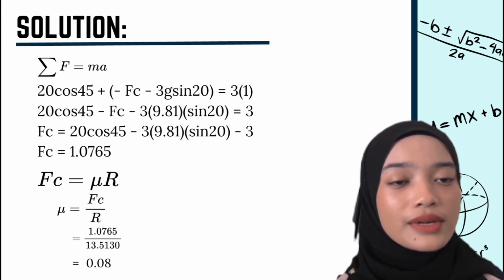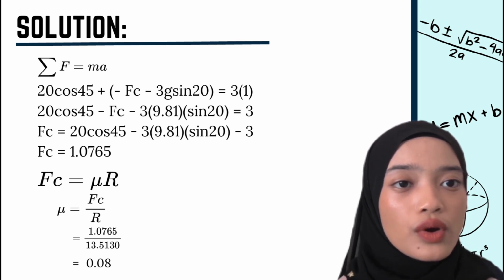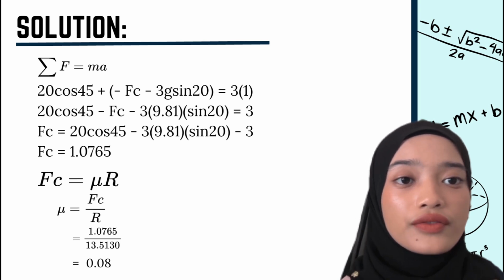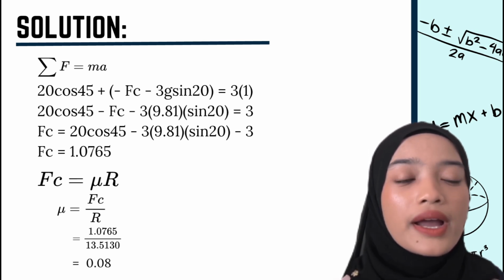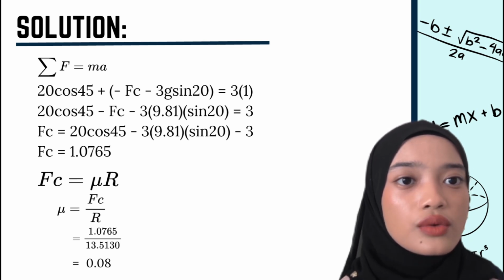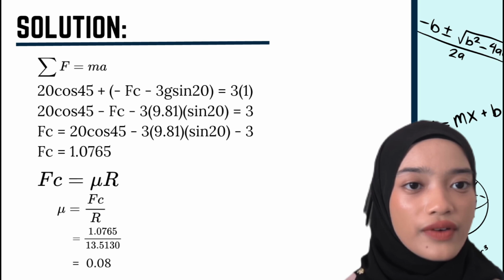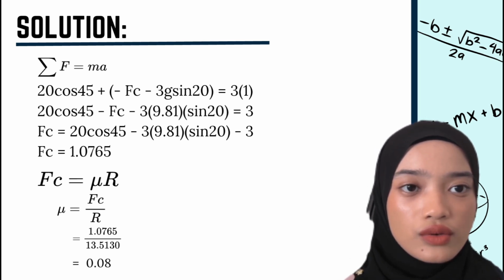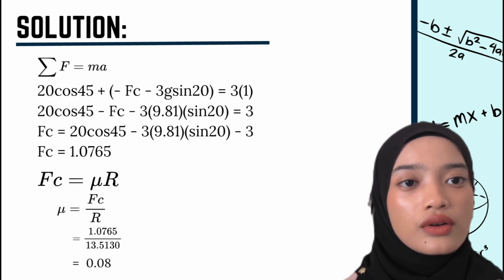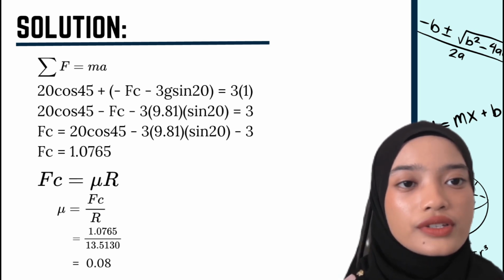In this problem statement, we have to find mu, the coefficient of friction. Therefore, we can get mu by dividing Fc by R, where we get 1.0765 over 13.5130. Hence, mu is going to be 0.08.